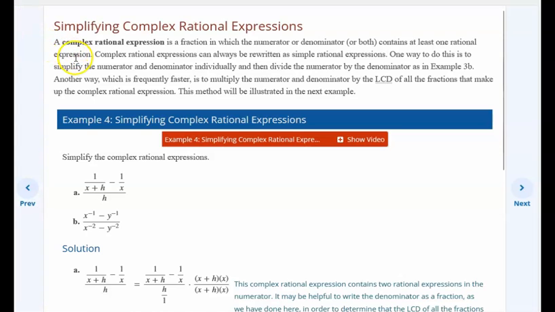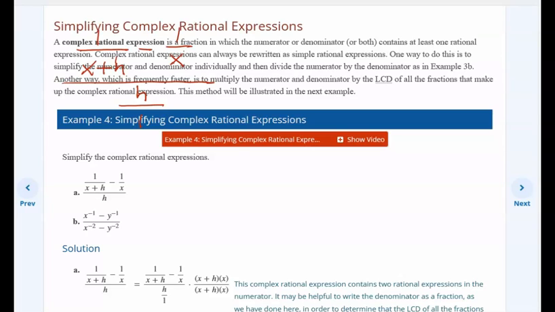Now for our last slide, pause. This is background. We're going to simplify complex fractions. We'll set up the first one and work it for you.